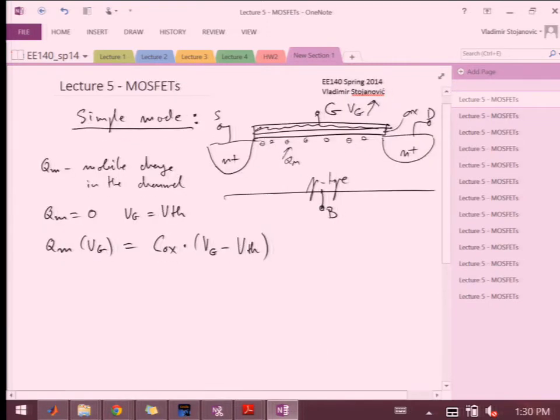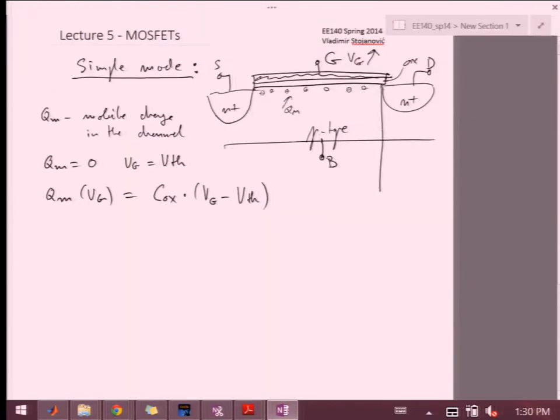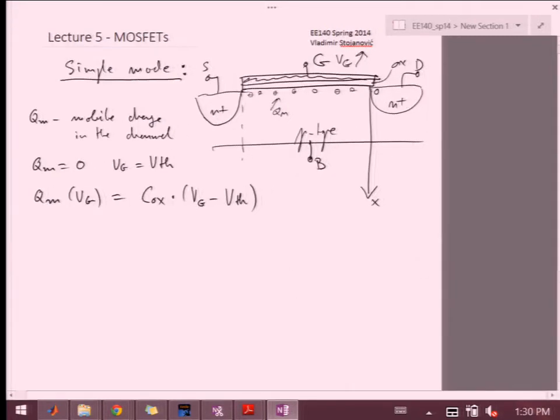We had previously x that went from 0 to here. And now, because we're interested in transport of electrons from one region to another, from source to drain, we're also going to have this coordinate, which is going to be y.